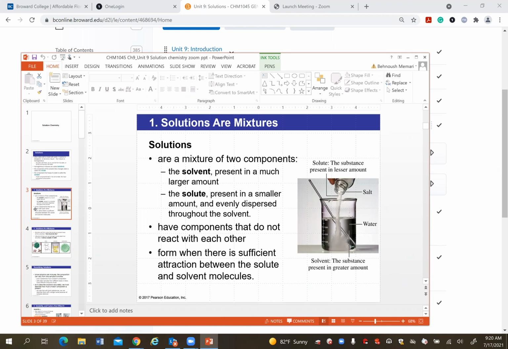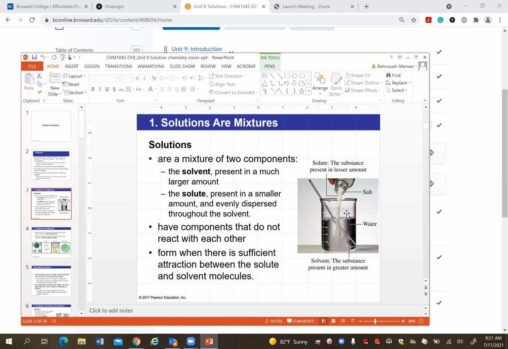Some of the items are repeated in this. I just wanted to show you the picture. The substance present in greater amount is the solvent, and the solute is the substance present in the lesser amount. And the solution is uniform. A solution is a uniform mixture, meaning if you pass it through filter paper, there should be nothing left on the filter paper.